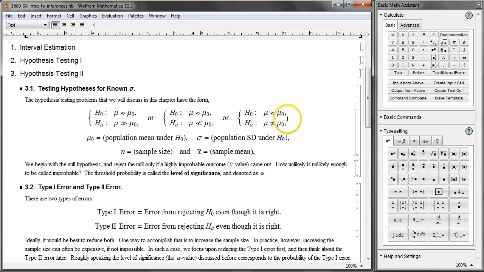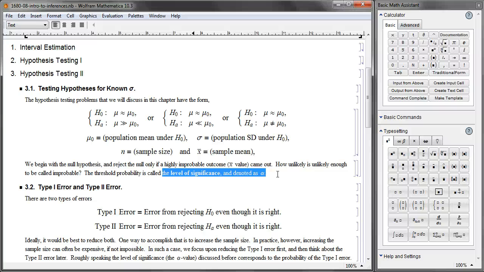With the hypothesis and then population mean and standard deviation, sample size and sample mean, and also sample standard deviation if necessary. And finally, the level of significance, alpha value, will complete the setup of hypothesis testing problem.